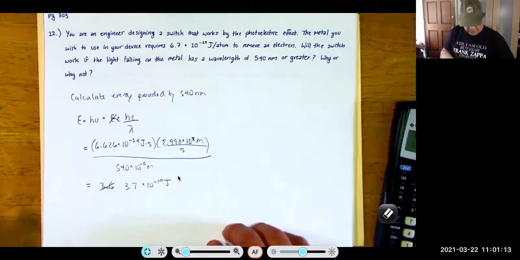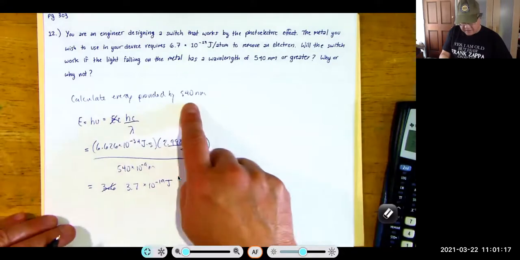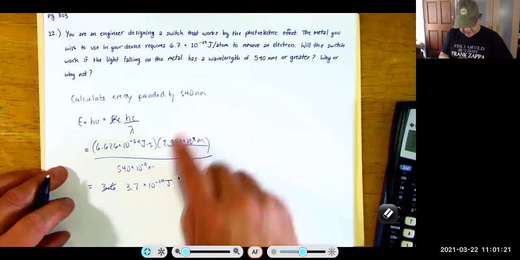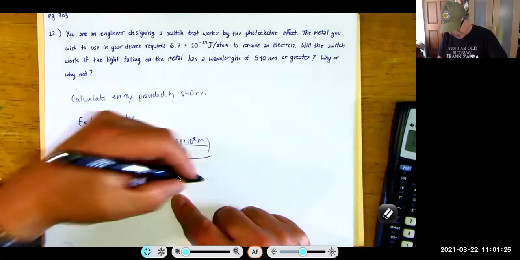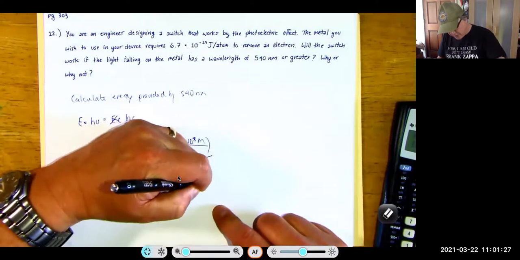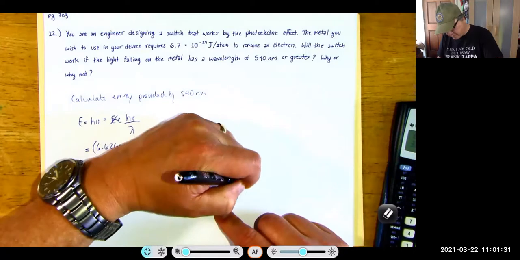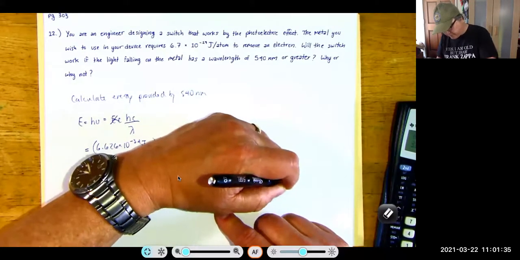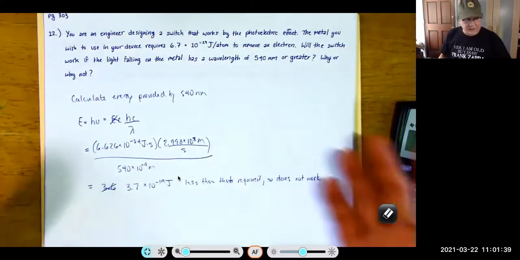So yeah, the energy provided by 540 nanometer light is 3.7 times 10 to the minus 19 joules, which is less than that required. So it does not work, if I've done my job correctly here.